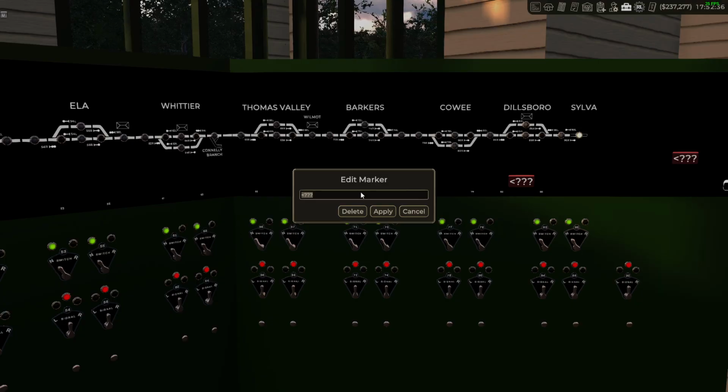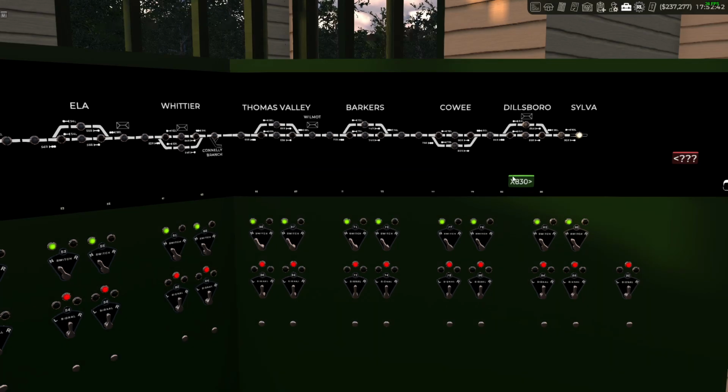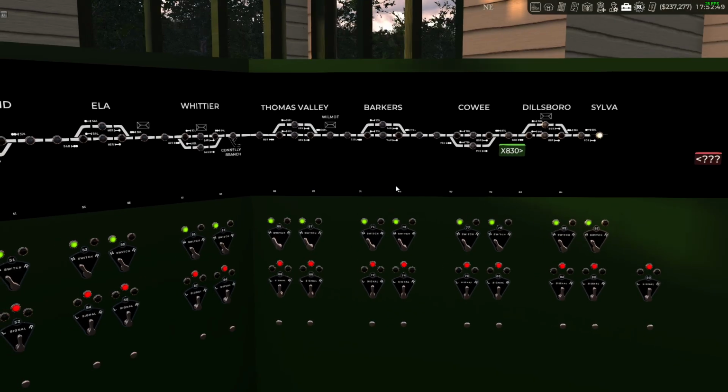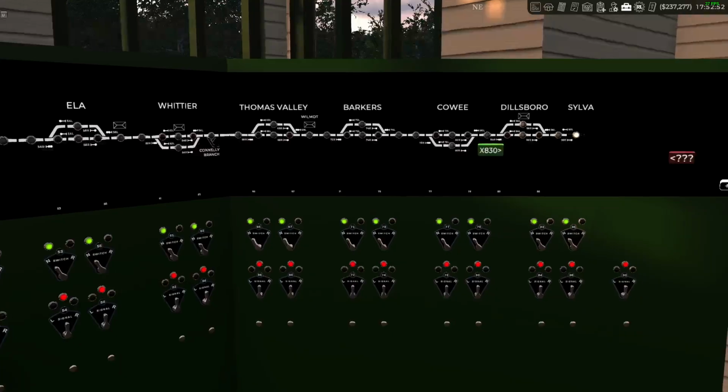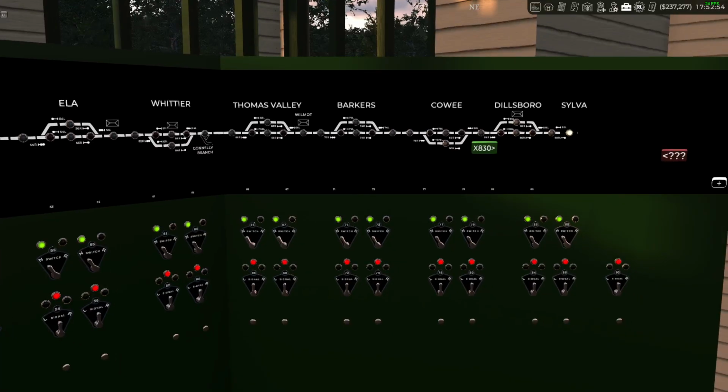So I'm going to create a tag for you. All right. So you're at Dillsborough Engine House. So what's my move here, Dave? Coming out of an engine terminal onto the main. Usually in a situation like this, an engine terminal is going to almost always be not controlled track. It's going to be dark territory.